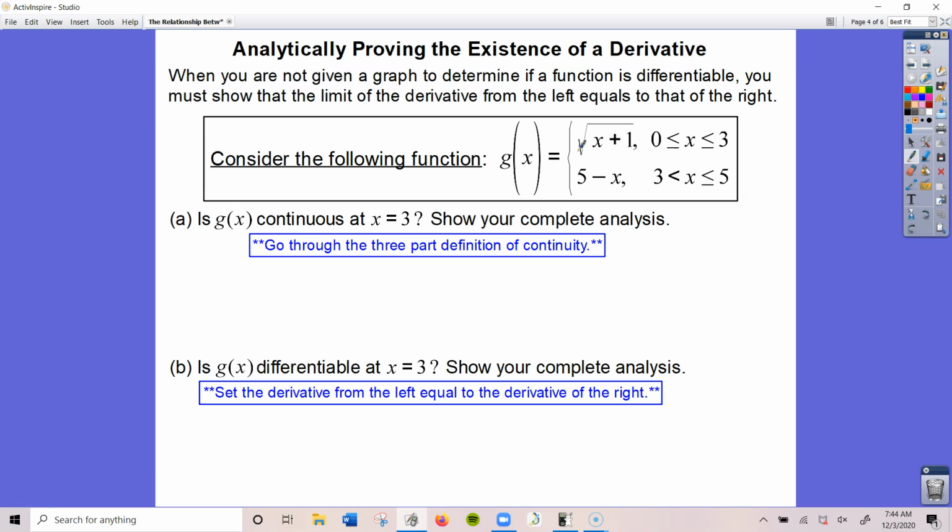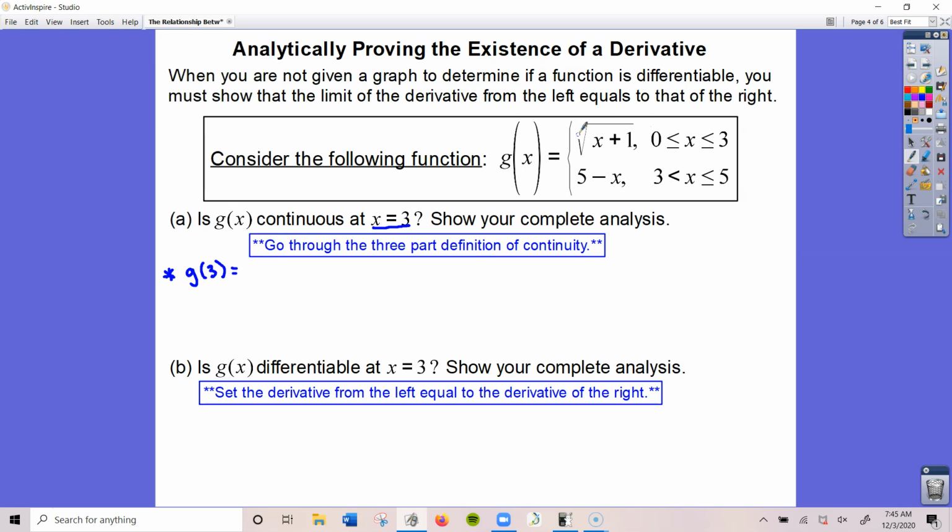We have g of x is equal to the square root of x plus 1 for when x is between 0 and 3, and we have that g of x is equal to 5 minus x for when x is between 3 and 5. So first we're going to determine if the function is continuous. So we have to go through that 3-part definition. First I'm going to find g of 3, since I'm trying to find if it's continuous at x is equal to 3.